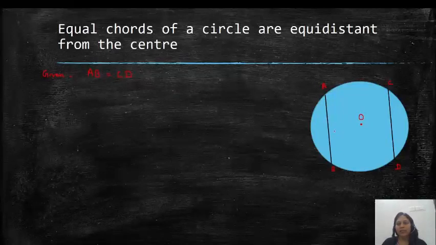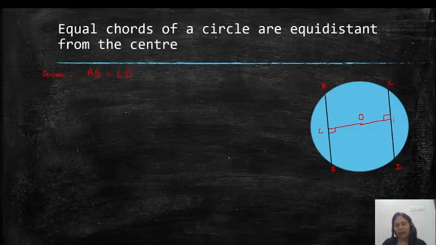When we are talking about the distance of any line from the center, what we do is draw a perpendicular on that line, right? So let me draw the perpendicular and name it: this is L and M. Okay, so now OL is perpendicular to AB and OM is perpendicular to CD.